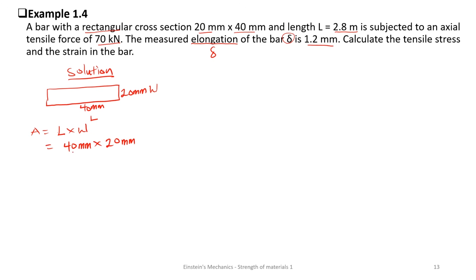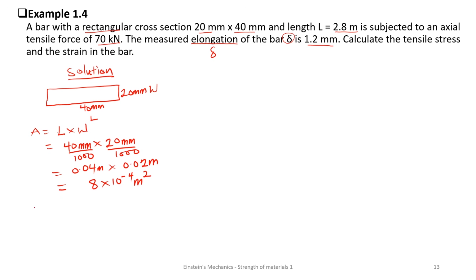We can divide by 1000, which is equal to 0.04 meters by 0.02 meters. The area I'm getting will be 8 times 10 raised to the power negative 4 meters squared. That's the area of the rectangular bar.